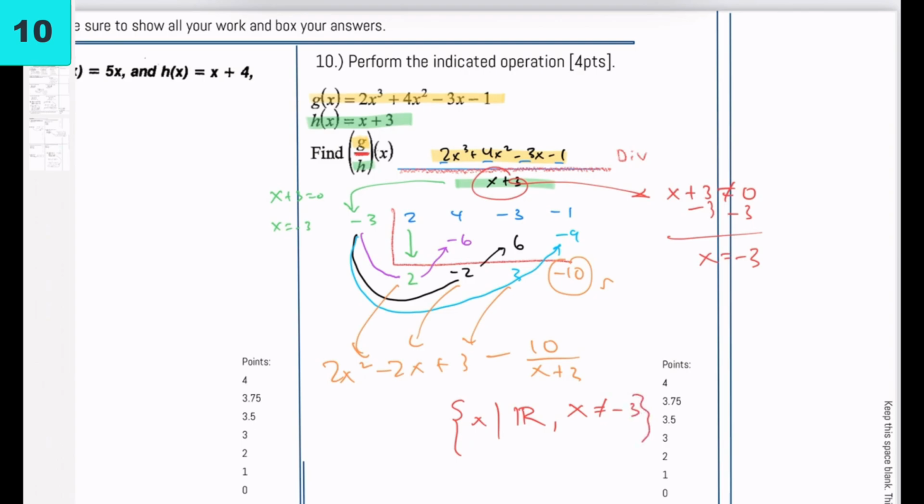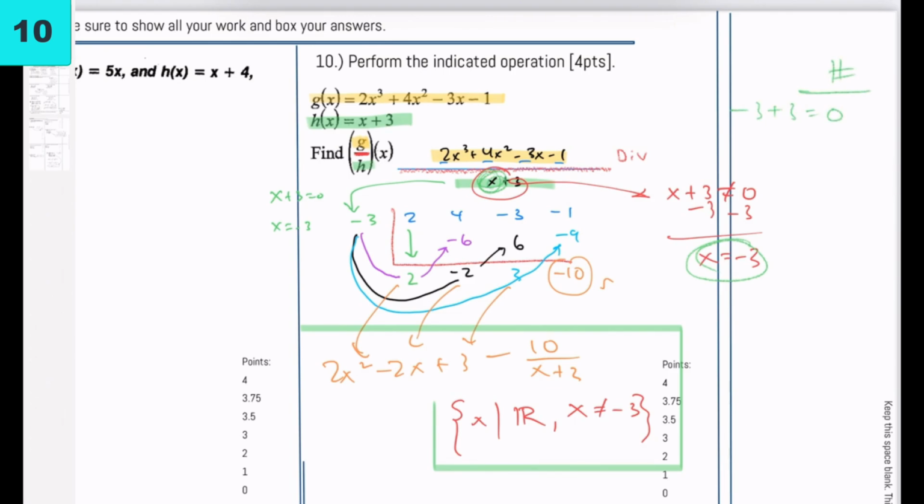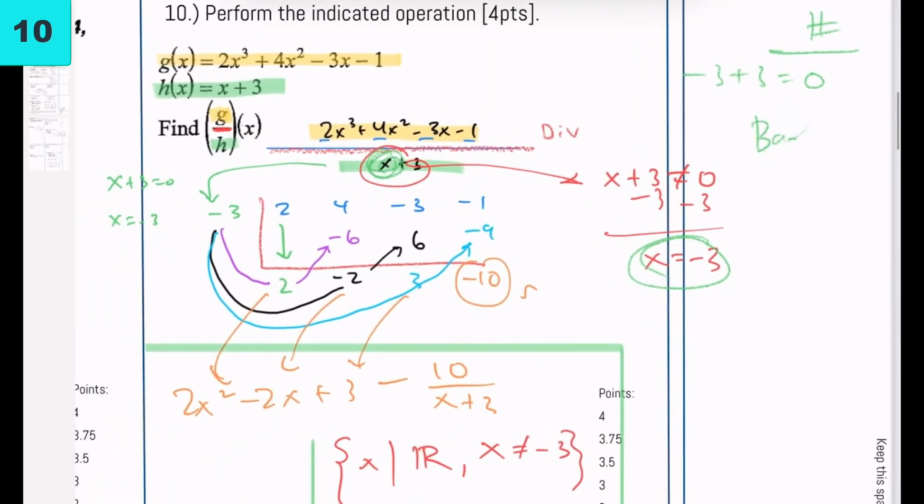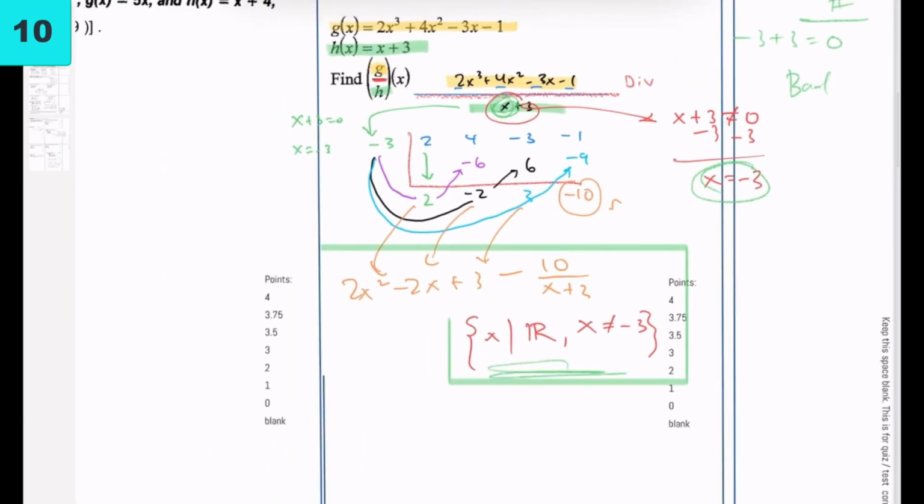Why can you not? Well, let me first box this. This is my answer there. Why can you not have x equals negative 3? Because you put in negative 3 here, you'll get negative 3 plus 3, and this equals 0. And any number divided by 0, this is bad. You can't do that. So that's why we're saying the domain is restricted.